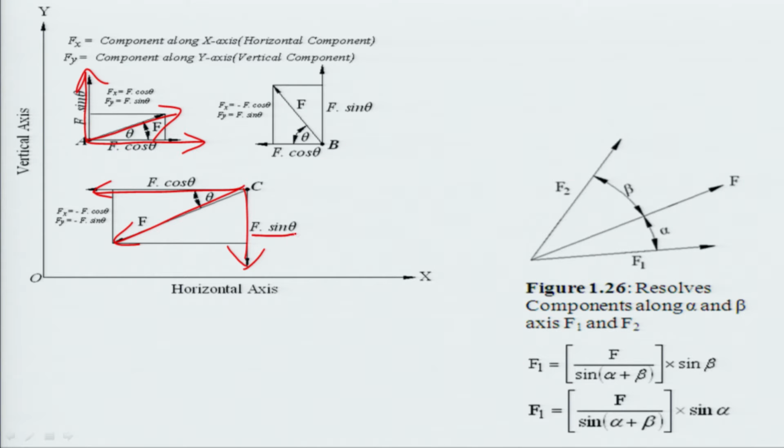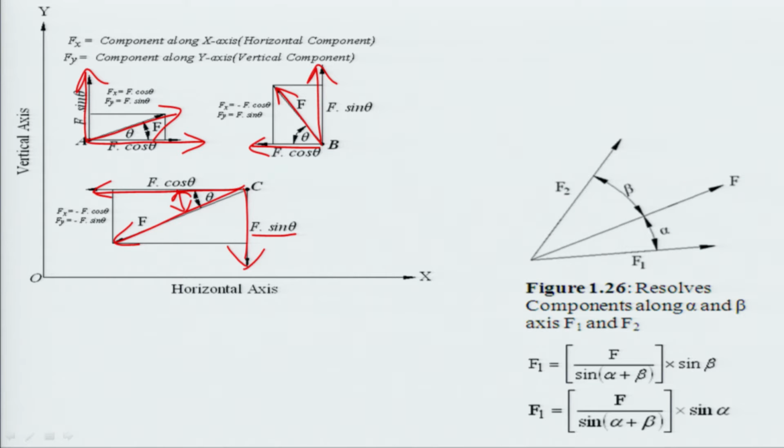This is F sin theta and this is F cos theta. Cos theta is chosen for the component of force which is near to this angle. In this case, if the force is this, then one component, the vertical component, will be F sin theta if this angle is theta, and the horizontal component will be this.